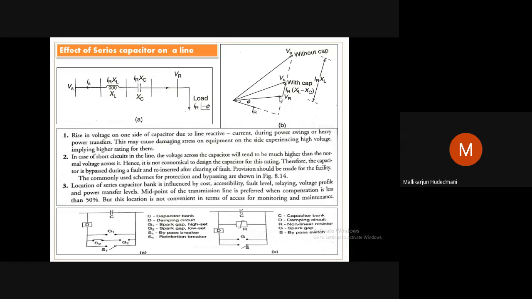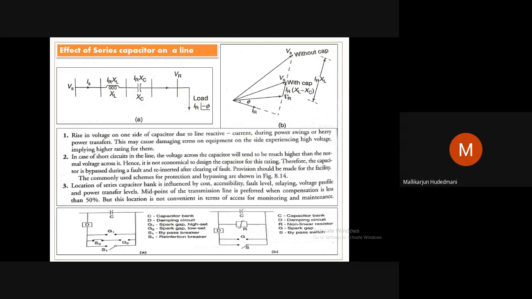Then the reactive drop IR into XL, which was shown earlier, perpendicular to IR, now gets compensated by IR into Xc in a reverse manner, so there is a removal of certain reactive drop. IR into XL, originally a very large magnitude, is being eliminated by IR into Xc. The resultant voltage drop is IR into XL minus IR into Xc.